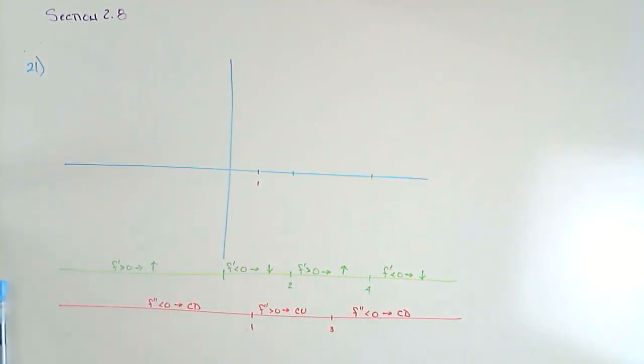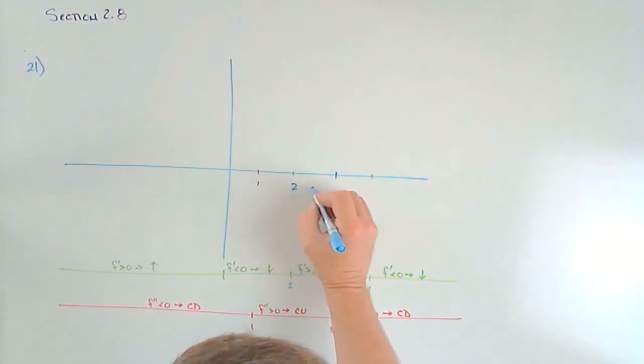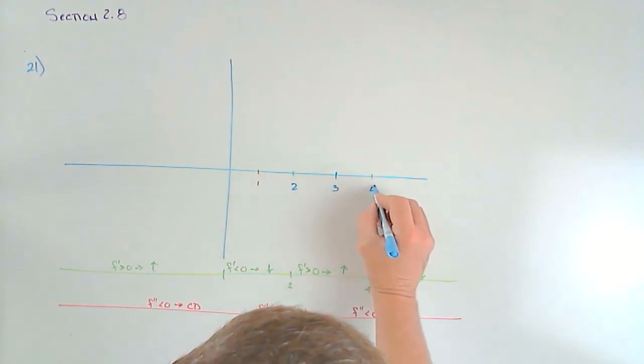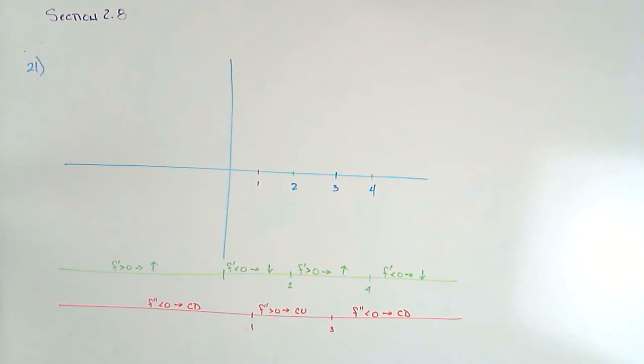Now we have to draw a graph, right? Any graph will do that satisfies these conditions. So we have the points 1, 2, 3, 4. We know over here, our function is increasing until it gets to 0, and then it starts decreasing.